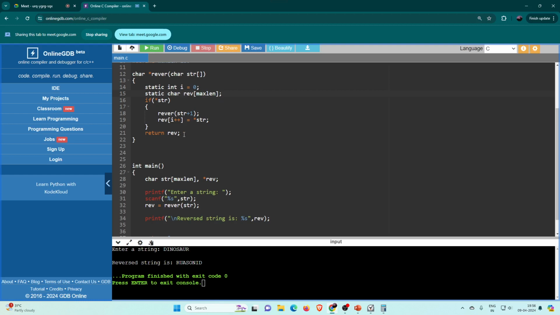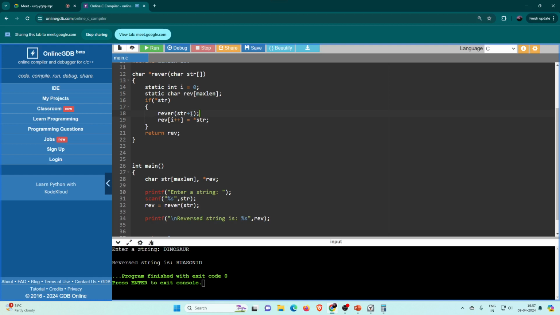At that time I will return the last element. So I have returned r, then I'll go one step up and return i. Here, with str plus 1, at one point it will become null, that backslash 0.